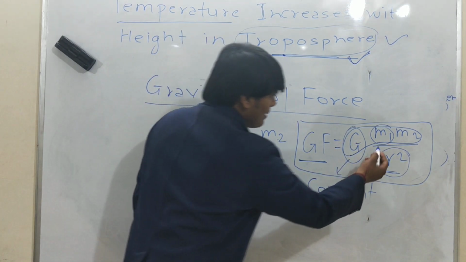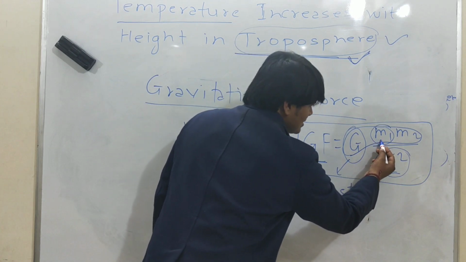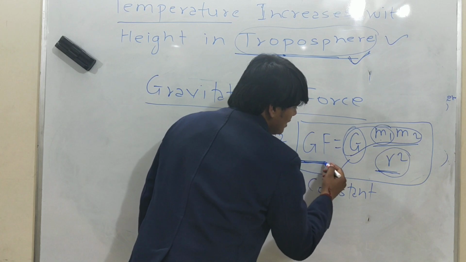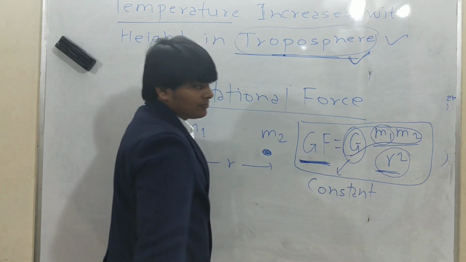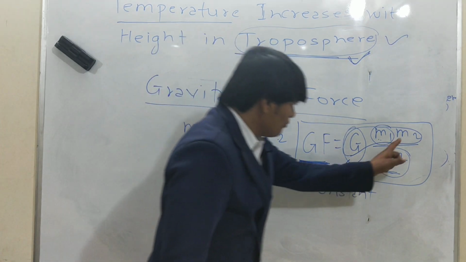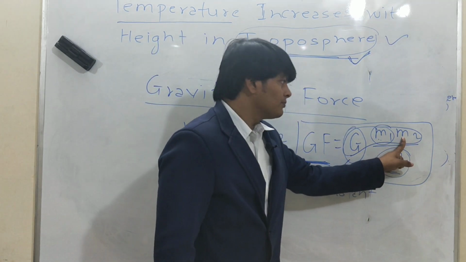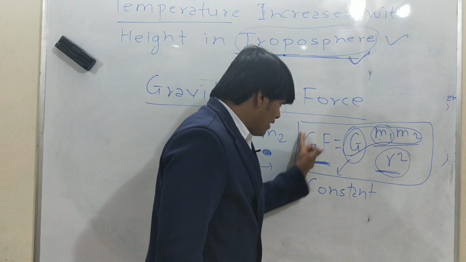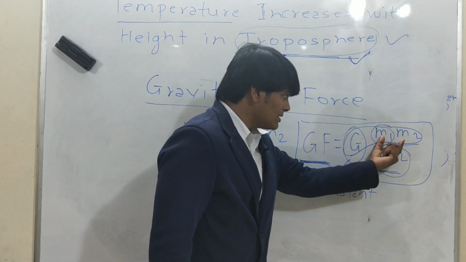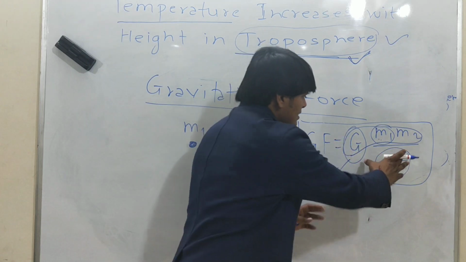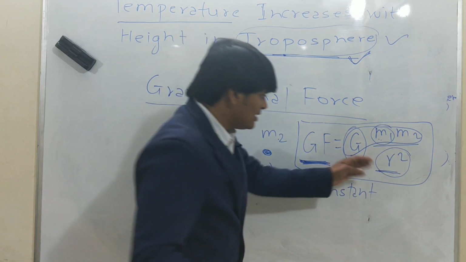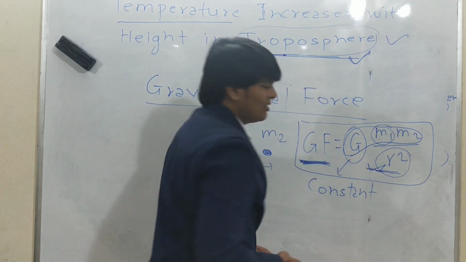Think about it: if the value of the numerator increases in any division, the value also increases. So if the value of m1 increases, or the value of m2 increases, the value of GF also increases, because if the numerator increases, the division value increases.